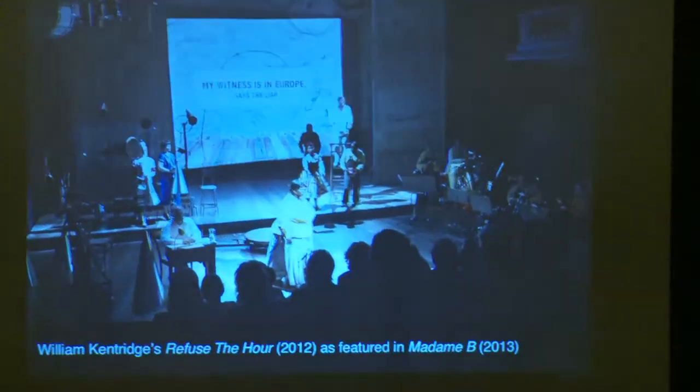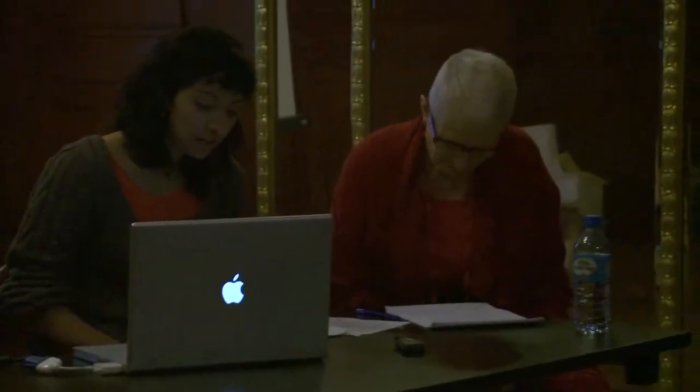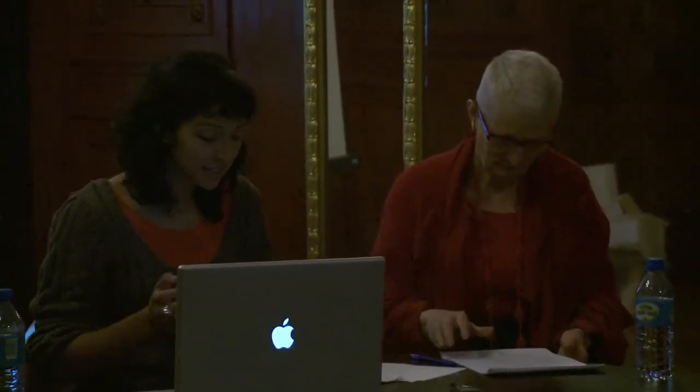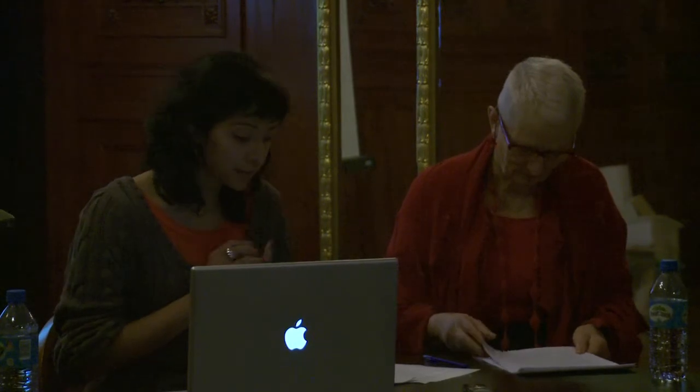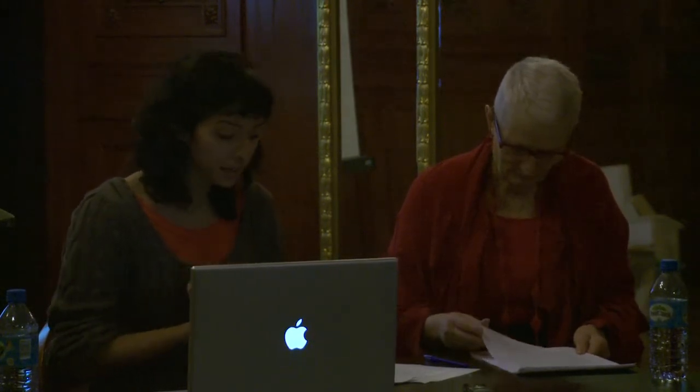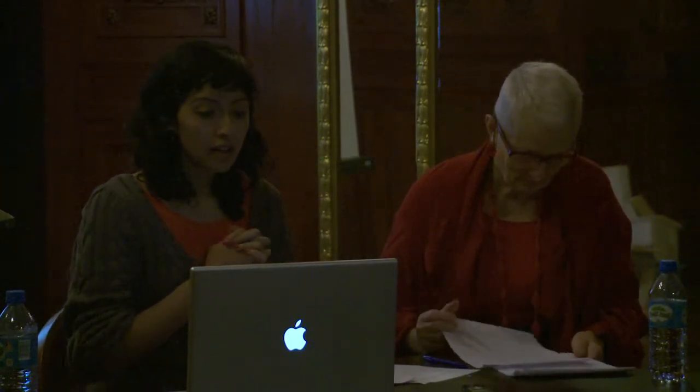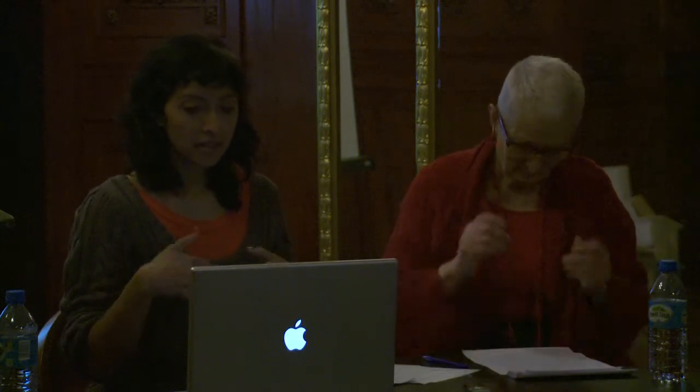Doesn't matter. Go ahead. Another example of our incorporation of an artist is William Kentridge's opera Refuse the Hour from 2012. We had another scene in which Emma meets Leon after he's been in the big city, and it sparks the next affair.